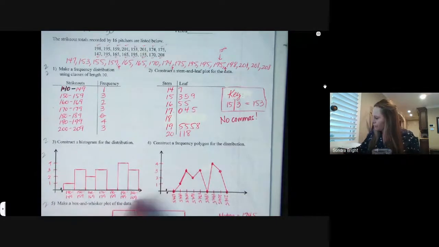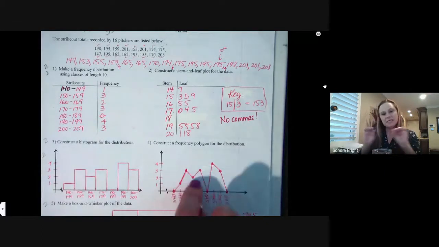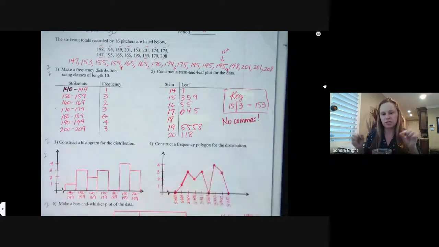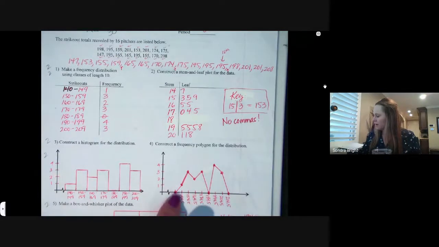And you do dots for each of the frequencies, right? And then remember, this is the frequency polygon. To make it a polygon, it needs to be a closed shape. So we tie down the two ends by putting on the tick marks. We add more where this is the midpoint of the class that would have been right before the first class, and this is the midpoint of the class that would be right above the last class. So that's how we tie those down.